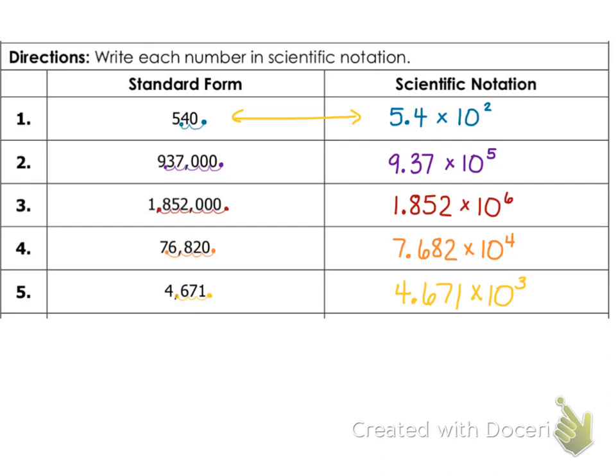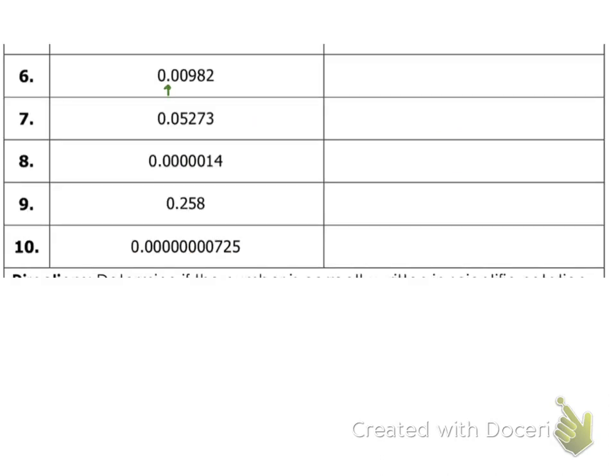Now if we look at number 6, it's a small number. 1 through 5 represented larger numbers. These are smaller numbers. There's the decimal point. Right now, there's a 0 in front of the decimal point. We need a single digit, 1 through 10, not including 10, in front of the decimal point. So we now need to move the decimal not right in front of the 9, because that would still leave a 0 in front of the decimal point.